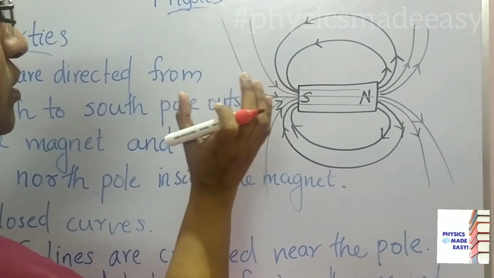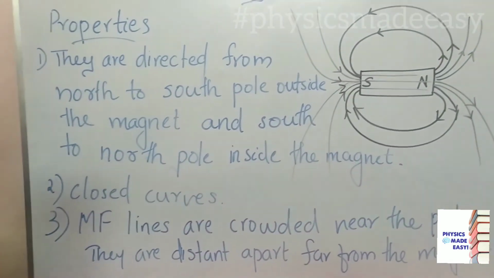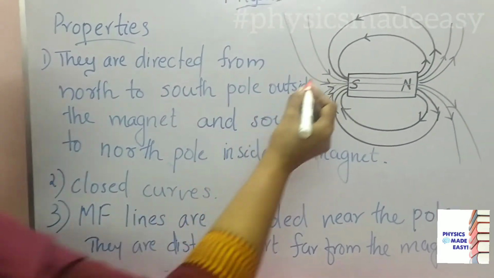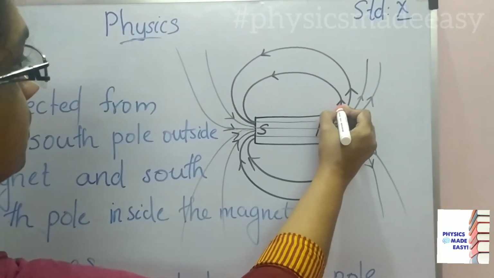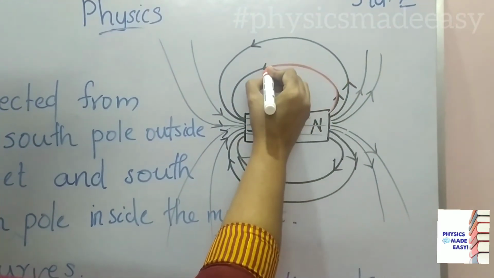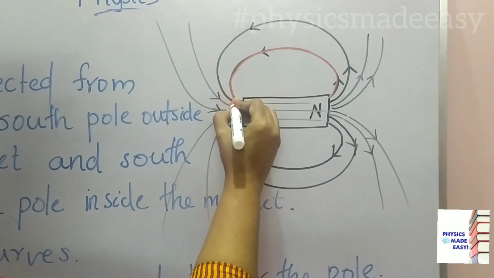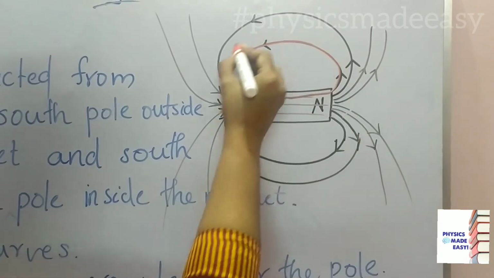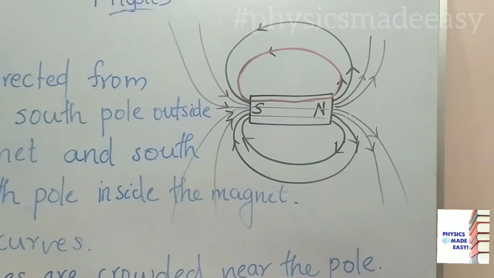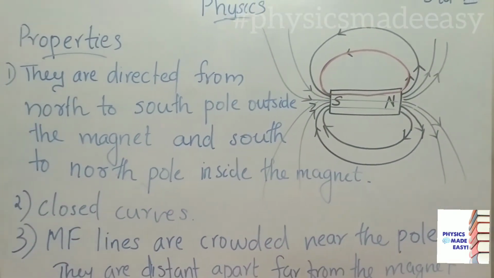Then inside the magnet, it is from south to north. So outside the magnet, it is north to south, and inside the magnet, south to north. Here it is closed now. So we can say a magnetic field line is a closed curve.